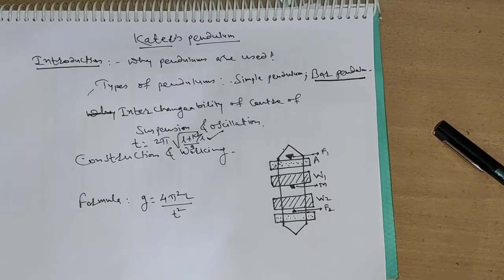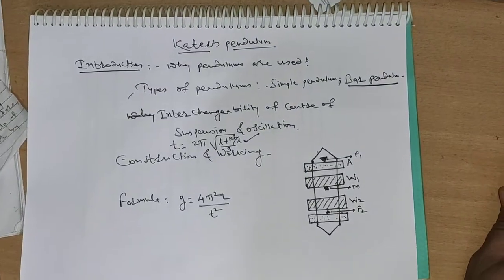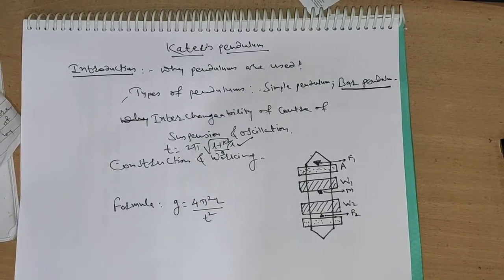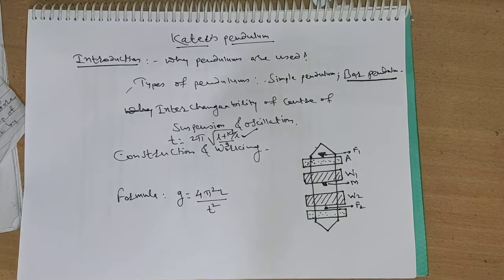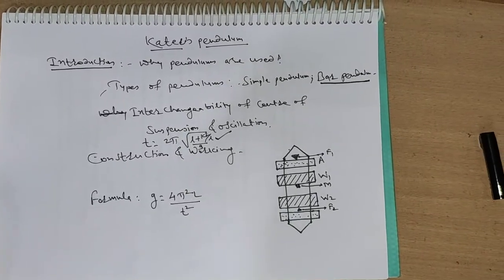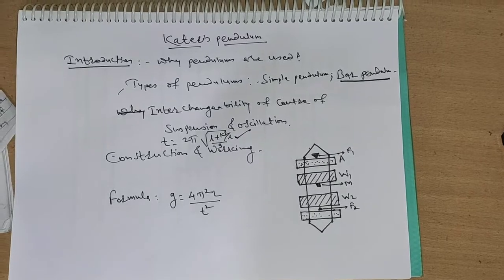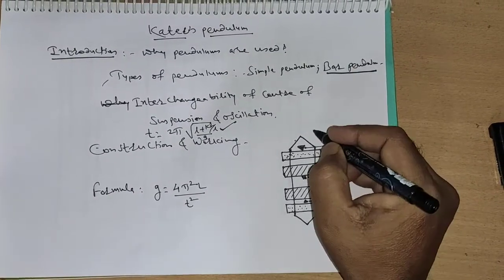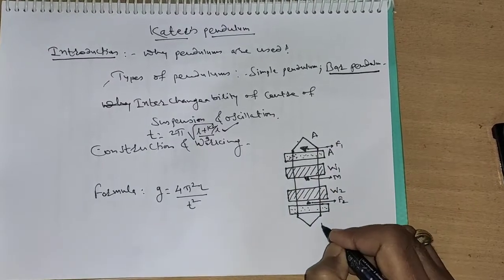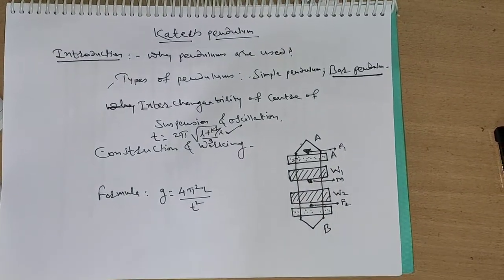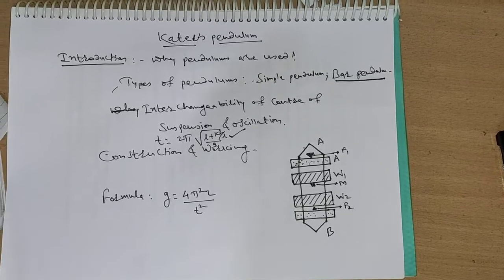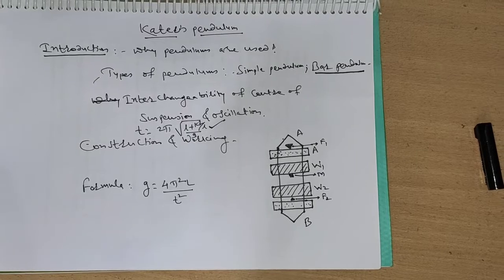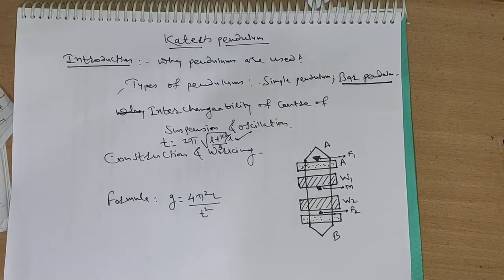It consists of a brass or steel bar AB, as visible from the diagram. A and B is a steel or brass bar. B is a heavy bob.